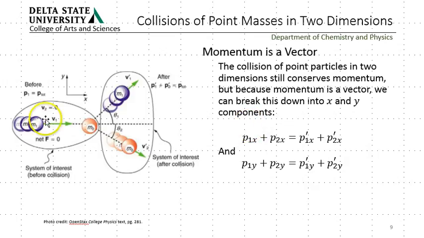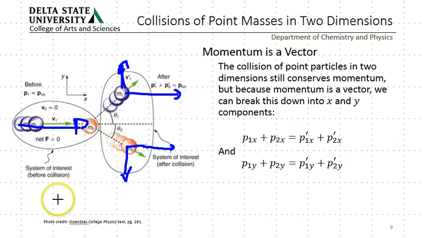So the momentum in x, this momentum plus the momentum of that, which is 0 because it's sitting still, has to equal the x component of this momentum afterwards, and the x component of that momentum afterwards. So we break down the momentum of this into two pieces, and the momentum of this into two pieces. That's what we're after, getting these pieces together so that they add up to be the same as that.